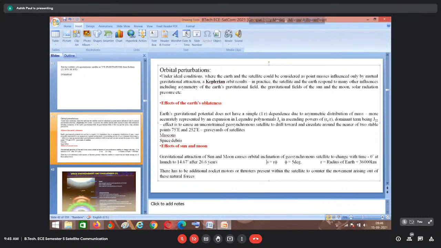Yes, sir. So the spatial displacement will be 42,000 into 5, which will be close to more than 2 lakh kilometer at the geostationary orbit height, right? It is not at the surface of the earth, but at geostationary altitude.